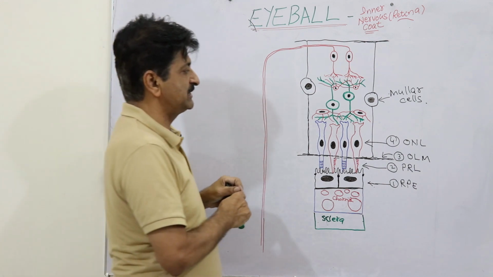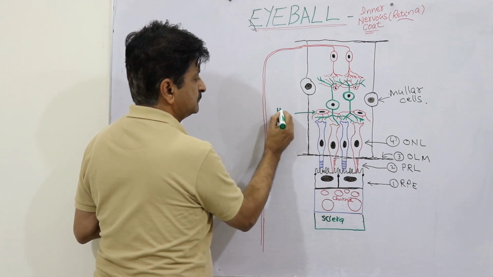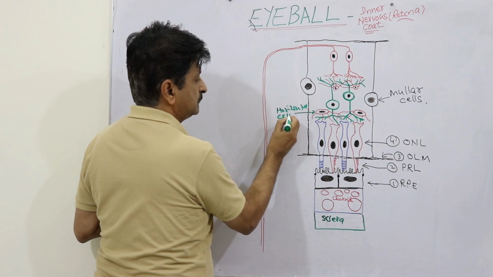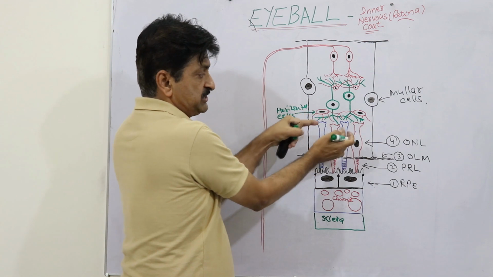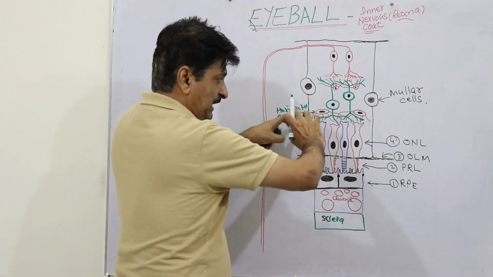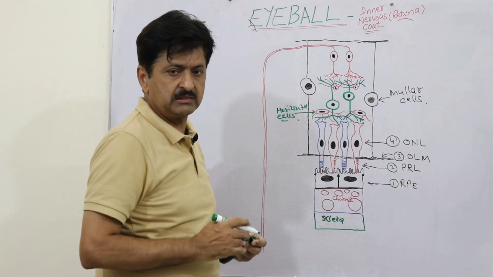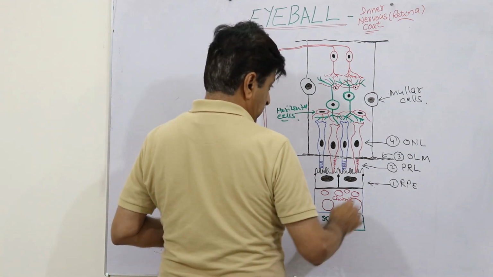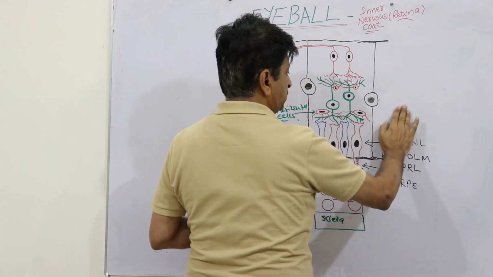These cells are called the horizontal cells. And these horizontal cells will join the terminals of the rods and cones with the dendrites of the bipolar cells in such a way that a kind of a plexus will be created here. And that plexus is called the plexiform layer, and this plexiform layer is the layer number 5, and you call it the outer plexiform layer.